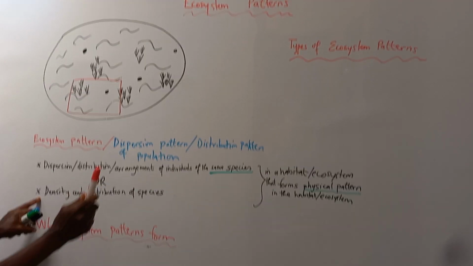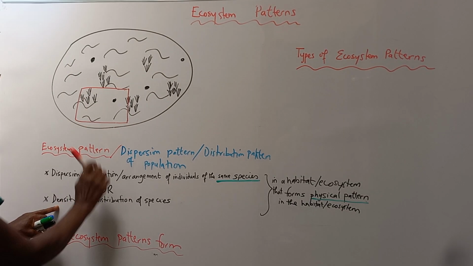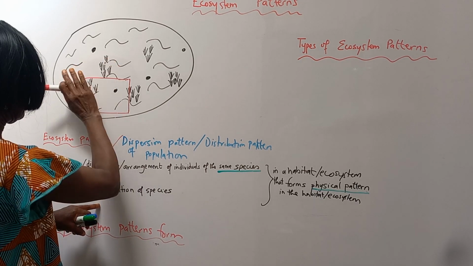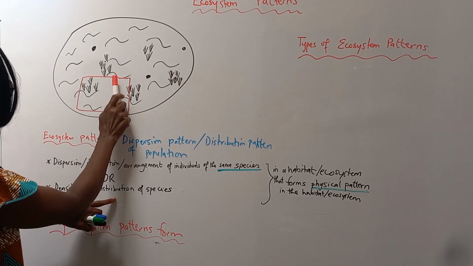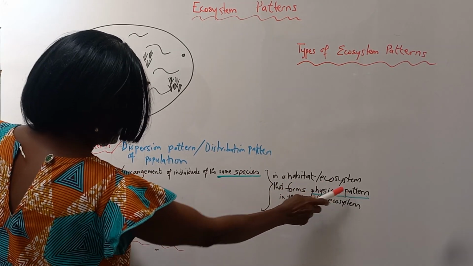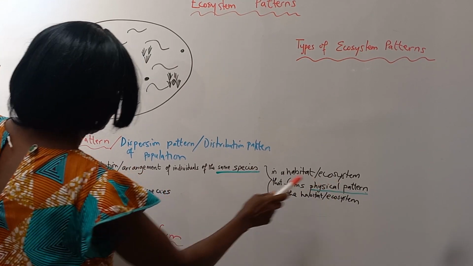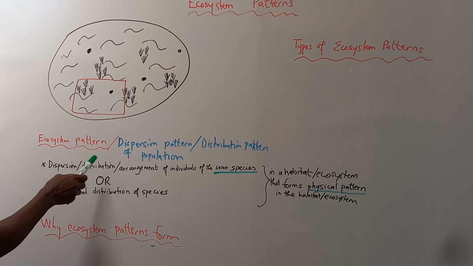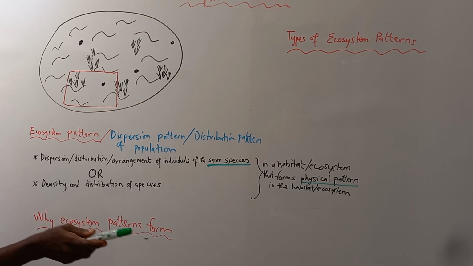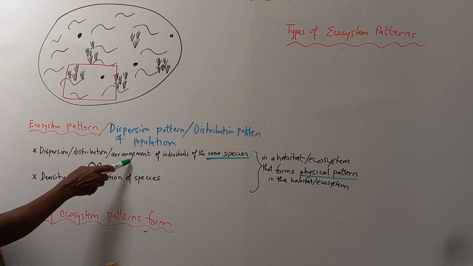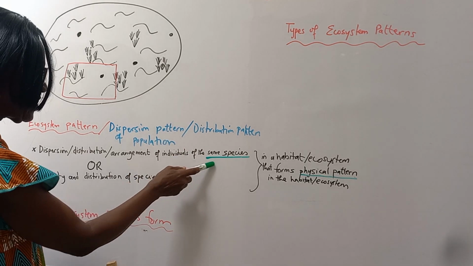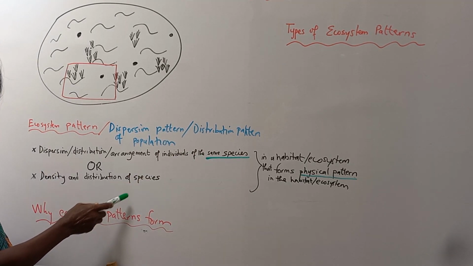We can also say it's the same as density and distribution of species, how dense this is and its distribution, in a habitat or ecosystem that forms a physical pattern in the habitat or ecosystem. Take note that if you need to talk about ecosystem patterns, don't say it is a distribution or dispersion or arrangement of organisms or individuals without referring to a species or population.